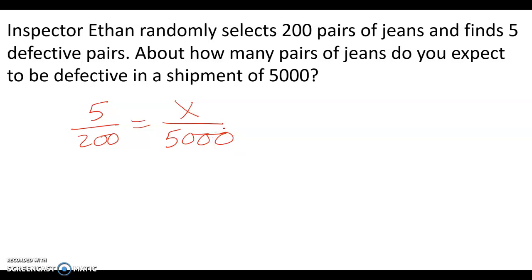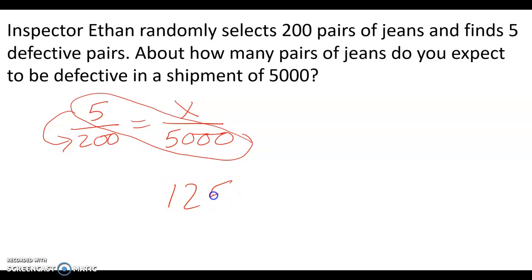So we would then do our cross products on that one. So 5,000 times 5, and then divide that by 200. We end up with 125 that would be defective.